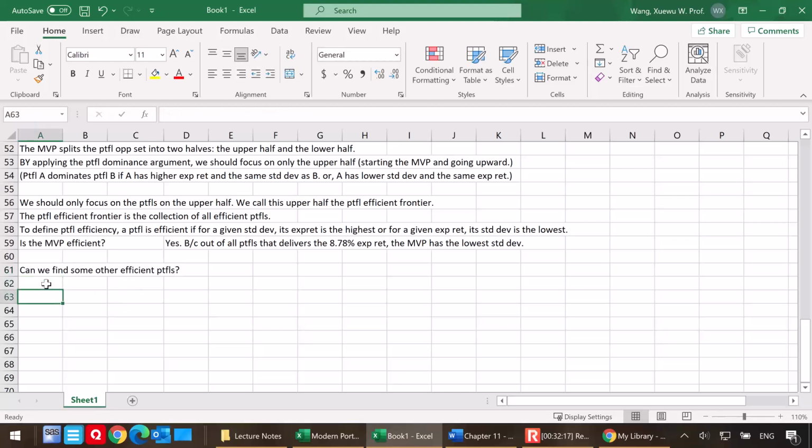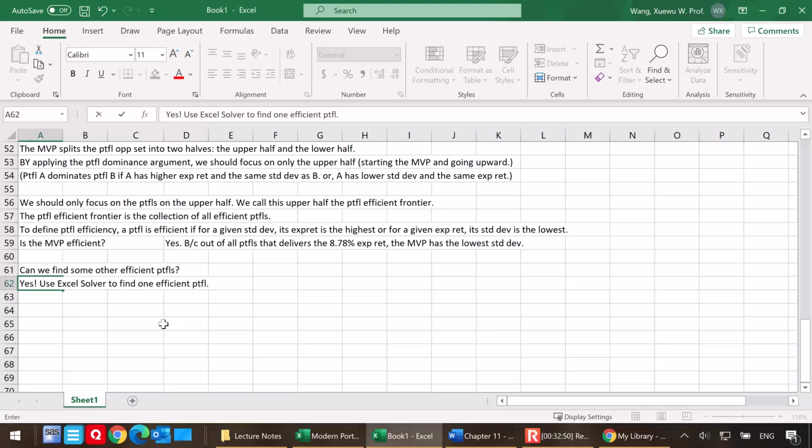I'm going to use Solver to identify one efficient portfolio, and once you understand this methodology, you can actually identify more efficient portfolios. Okay, use Excel Solver to find one efficient portfolio. Okay, so let's see how we can actually get this done.